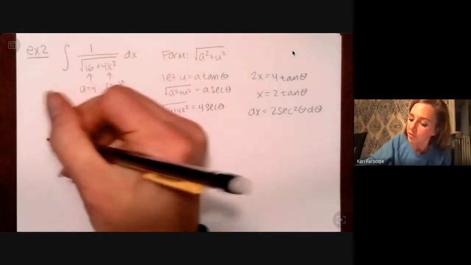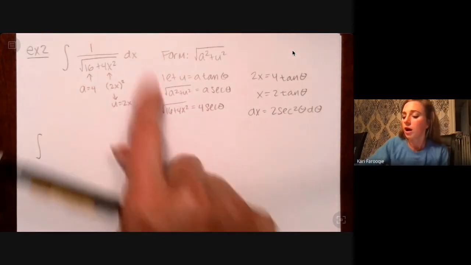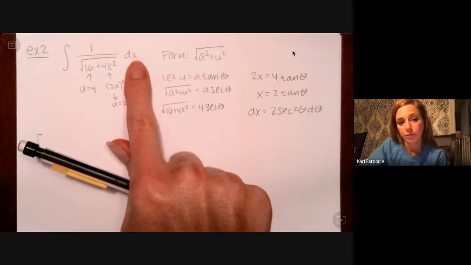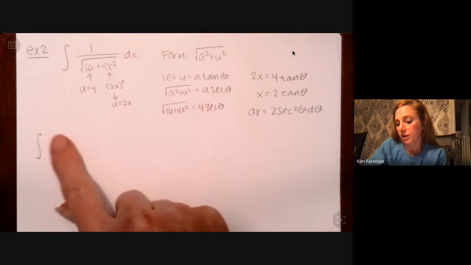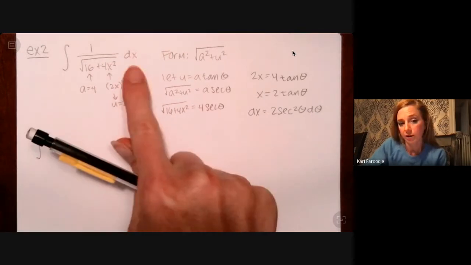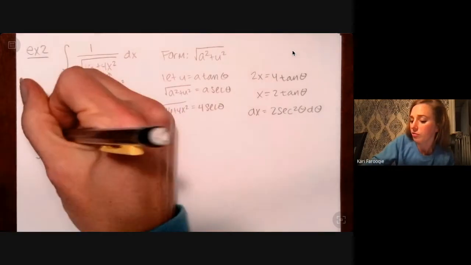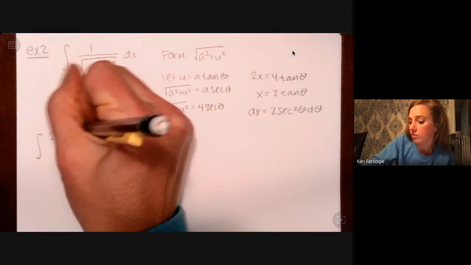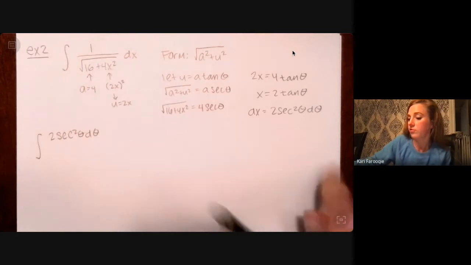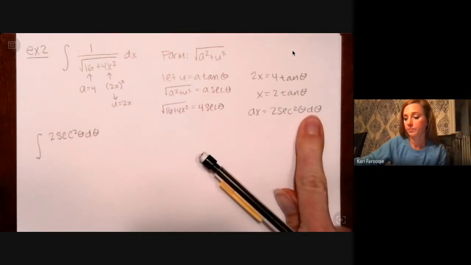Okay, so start out with your integral. You might find it easier to write your dx in the numerator versus writing it off to the side. I'll leave that up to you. So we'll have 2 secant squared theta d theta. There's your dx.